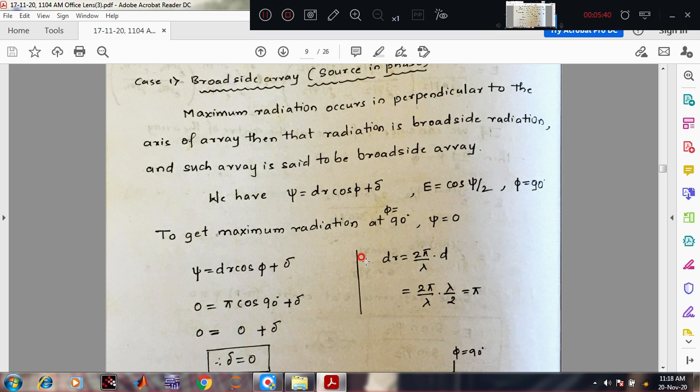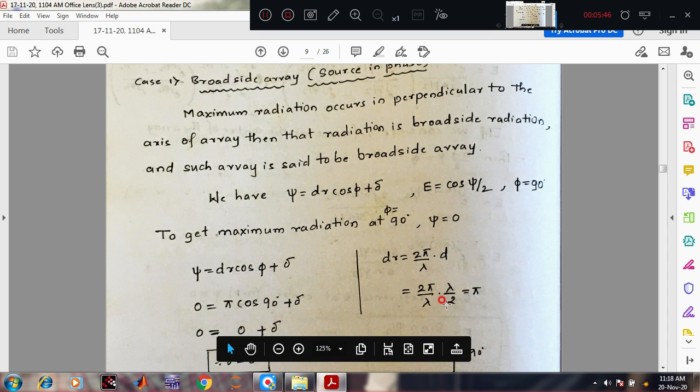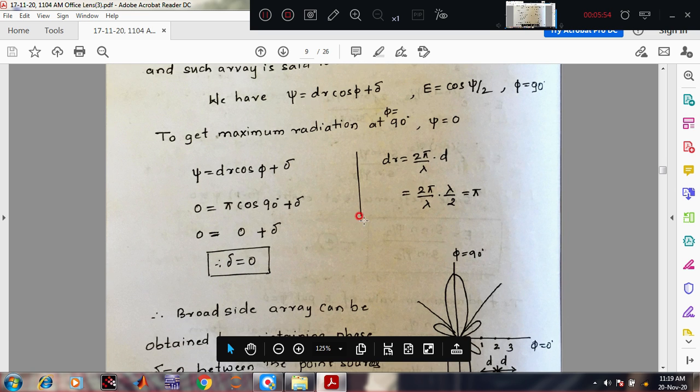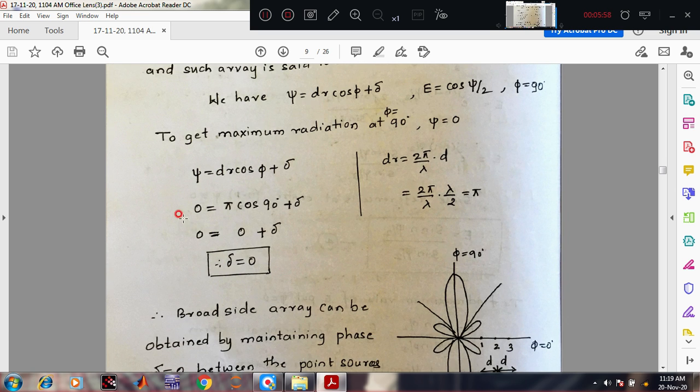We know that dr will be 2 pi by lambda into d, where d is the spacing, which has the value lambda by 2. The lambda cancels and the 2 cancels, so dr will be pi.